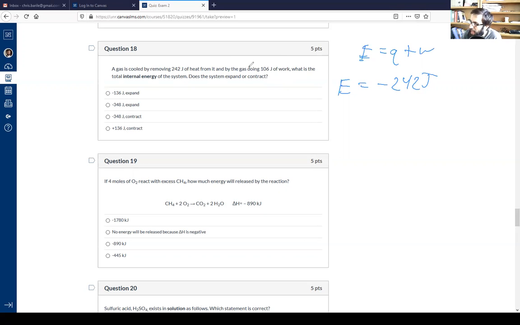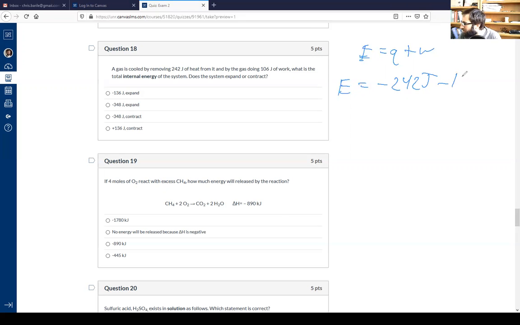And now the gas did 160 joules of work on the surroundings. Well, are you adding work to the system? No, you're adding work to the surroundings. That means the system is losing work, right?